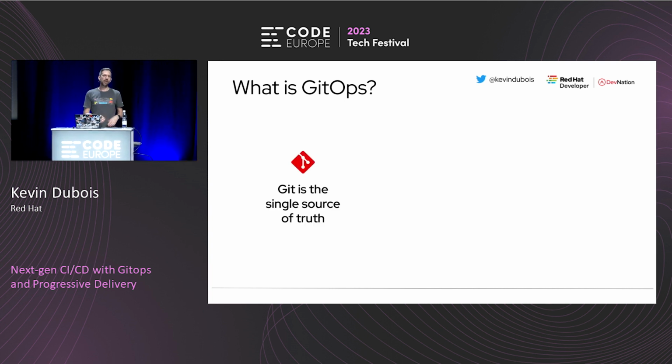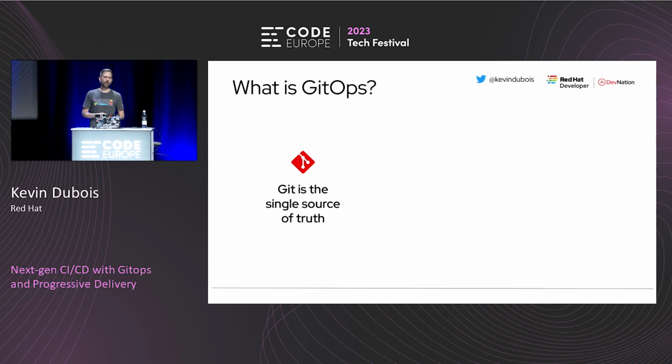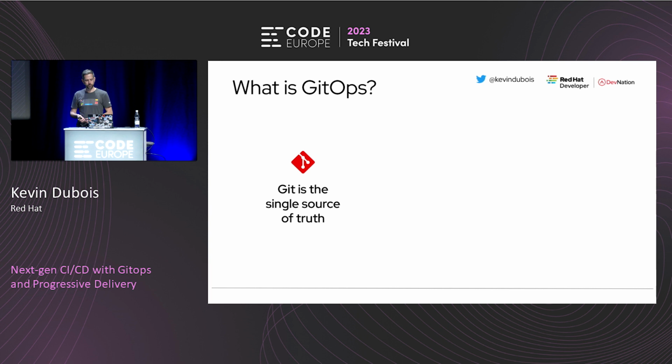So essentially, you use Git as a single source of truth, not just for your source code, but also for your deployments, for your configurations, for basically anything in a Kubernetes world. You can even configure your entire cluster, have all the manifests stored in your Git repository, and use that as your single source of truth.